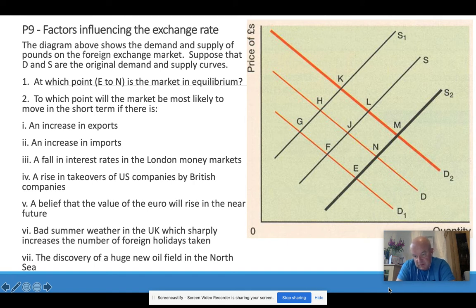Obviously, we've got S and D as the initial supply and demand curve, but then we've got changes where we've got either an increase in the supply or a decrease in the supply, S1 or S2.